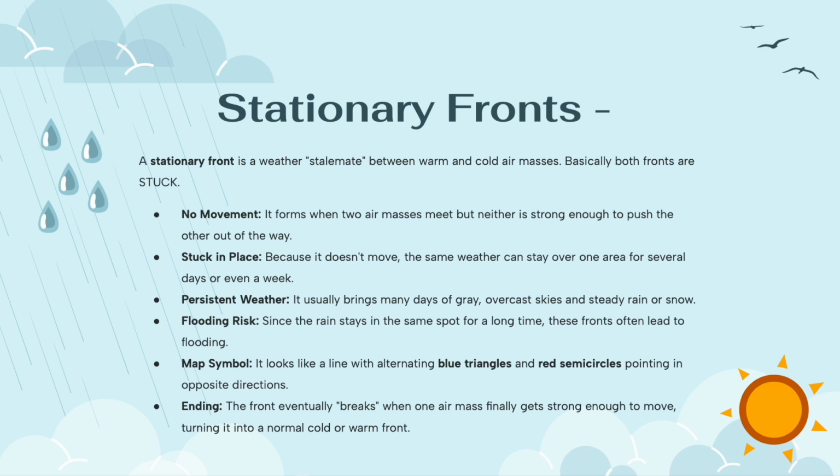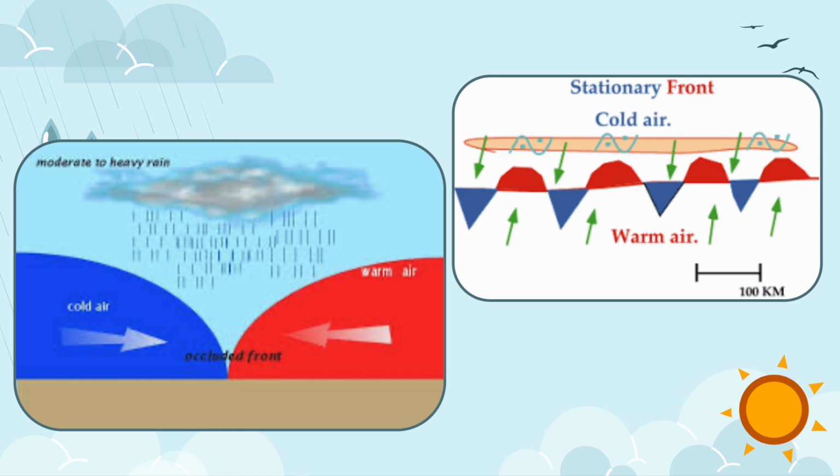The map symbol is alternating blue triangles and red semicircles pointing in opposite directions. The front eventually breaks when one air mass finally gets strong enough to move, turning it into a normal cold or warm front according to which air mass got strong enough to move it.